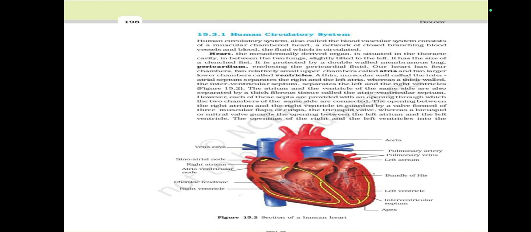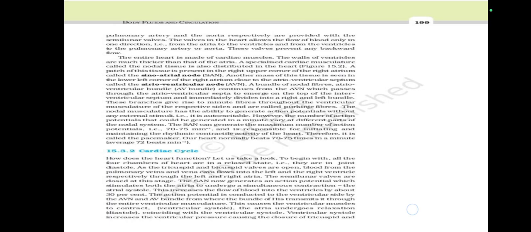The opening between the right atrium and the right ventricle is guarded by a valve formed of three muscular flaps or cusps, the tricuspid valve, whereas a bicuspid or mitral valve guards the opening between the left atrium and the left ventricle. The openings of the right and left ventricles into the pulmonary artery and the aorta respectively are provided with the semilunar valve.